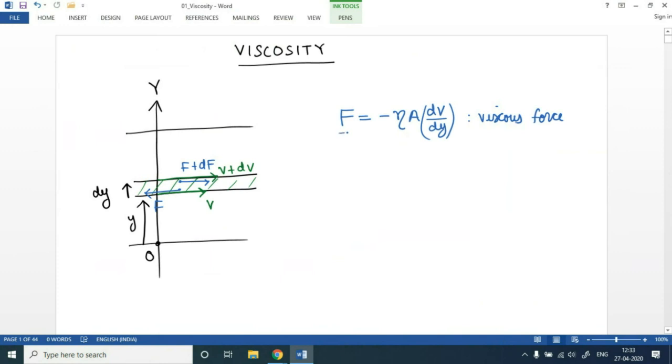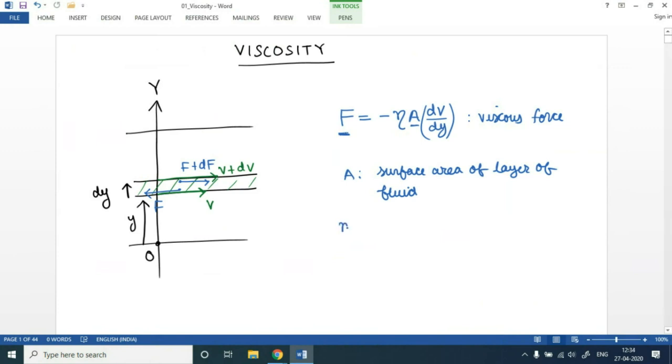First of all, F here is the viscous force. A here is the surface area of the layer of fluid, and obviously this F, as you can see in the diagram, is acting along the surface area, that means tangential to that area.